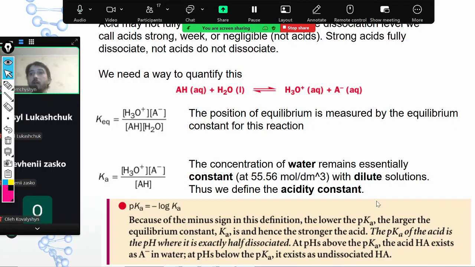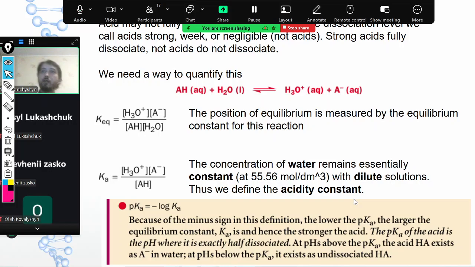So the pKa of the acid is the pH where it is exactly half dissociated. Half of the molecules of the acid transform into ionic form when pH is equal to pKa. At pHs that are above the pKa, the acid exists more in the dissociated form. If they are lower, it tends to exist in the non-dissociated form.